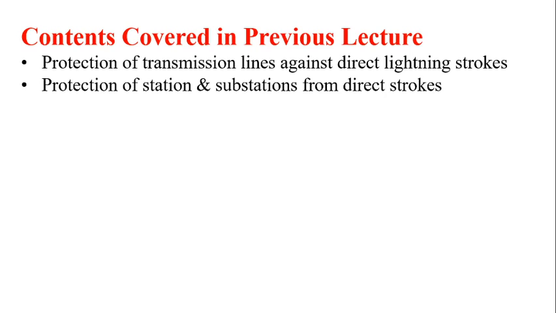All will come under the zone of protection of the ground wire. If ground wire connection is not feasible, then we may go for vertical structures known as masts. With the help of these vertical masts also, the protection for the station as well as substations can be provided. So these two points were discussed in the previous class.